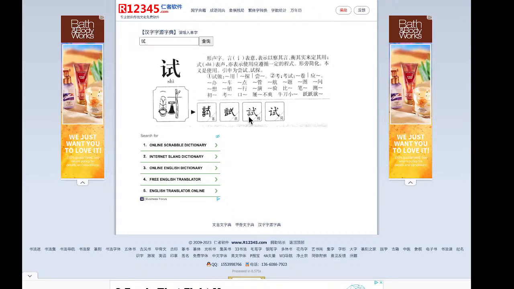So the left side is depicting a person talking. Anytime you see this left part, it means this character is about something, talking, saying, language, around those areas.